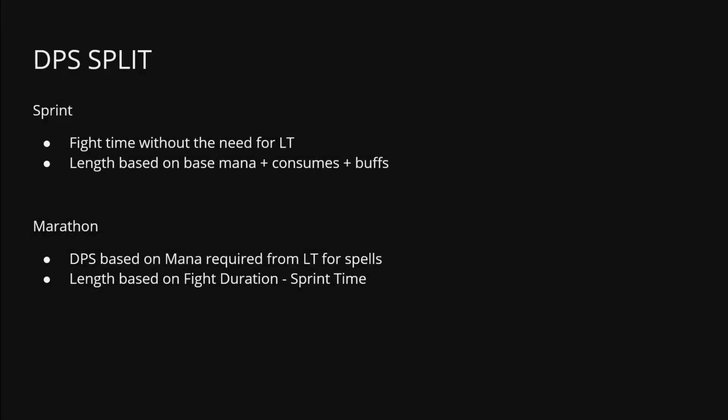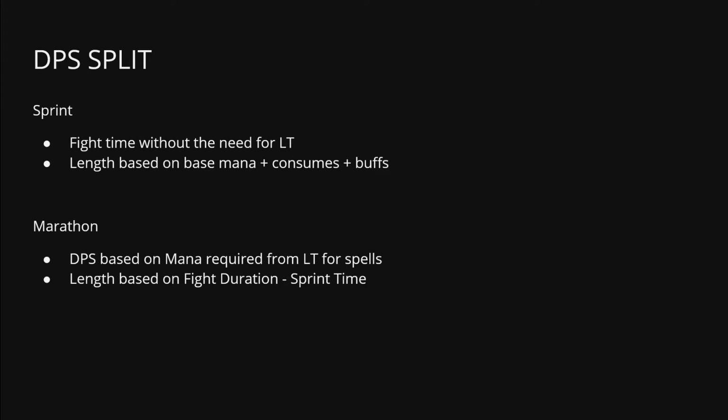So about the first part, splitting the DPS into a sprint phase and a marathon phase. What is actually done? The sprint phase is all the time you don't actually need to use life tap to supply the mana for your DPS. So this is actually the length of time based on your base mana, everything from consumes you get from mana and buffs like that.